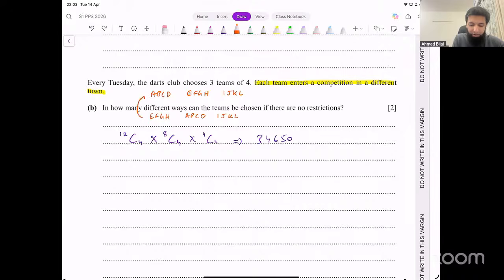So if they were split the same way, but going in different towns, so the first group is going to town 1, the second group is going to town 2, the third group is going to town 3, then this grouping and this grouping would be different. If they had not mentioned this condition, we would have needed to divide by 3 factorial as well.